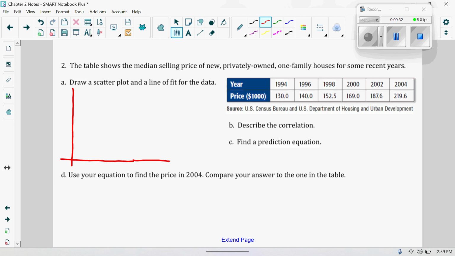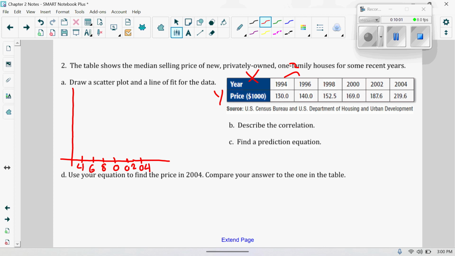So I'm going to start at 1994. So I'm just going to abbreviate that and write 4. And I'm going to go up by 2 years because it looks like we're going up by 2 years up here as well. So it doesn't need to look perfect, but something like that. Years are going to be our x value, price is our y value.